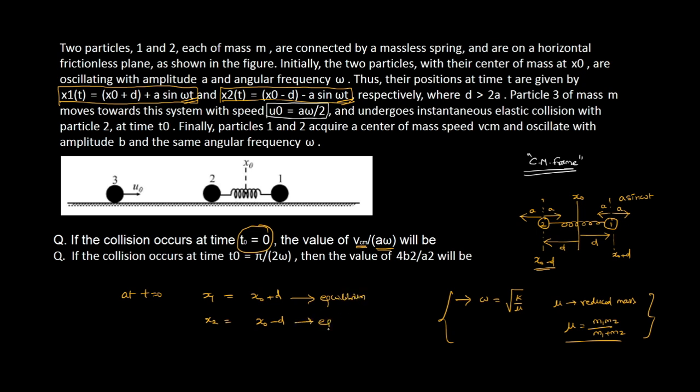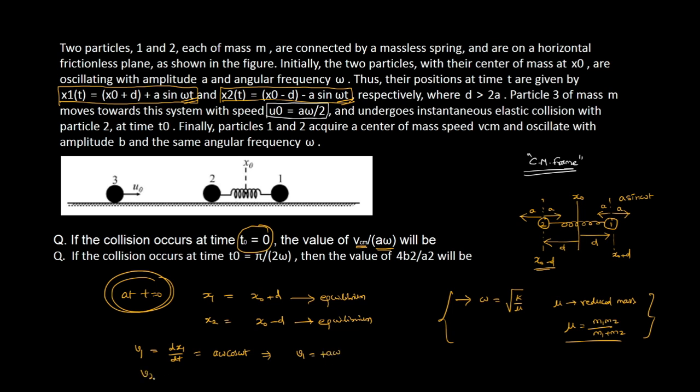One confirmation is that both the particles are at the equilibrium of oscillation. At the same time, let us go with the velocity of the first particle. The velocity of the first particle is dx1 by dt. I want to see in what manner the first particle is moving at time t equal to 0. So dx1 by dt gives a omega cos omega t, and at t equal to 0, v1 becomes plus a omega.